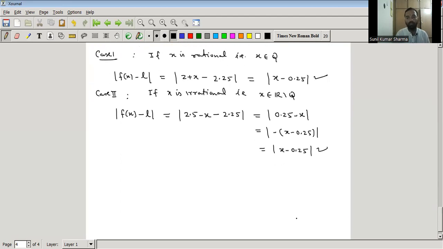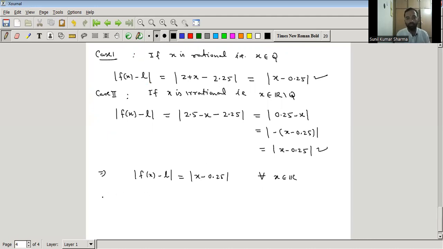So in both the cases, in general we can write |f(x) - L| is equal to |x - 0.25| for all x belongs to R, because if it is true for rational as well as irrational, it means it is true for every real number.